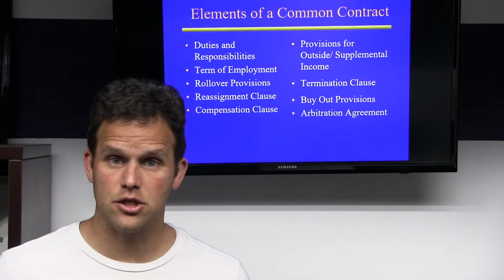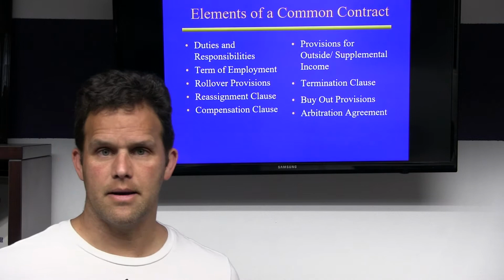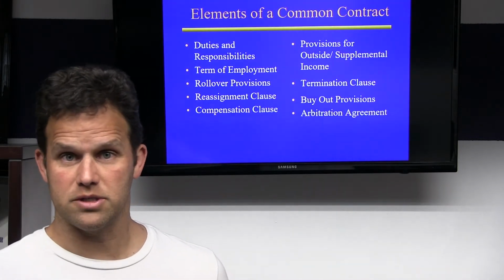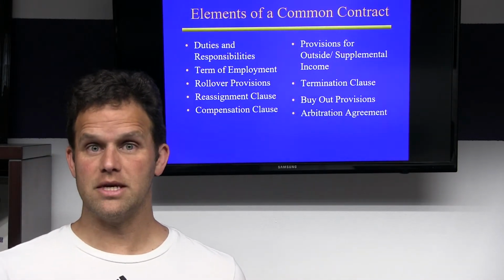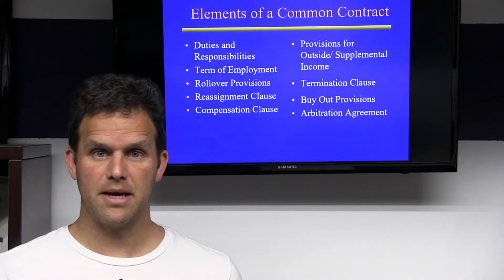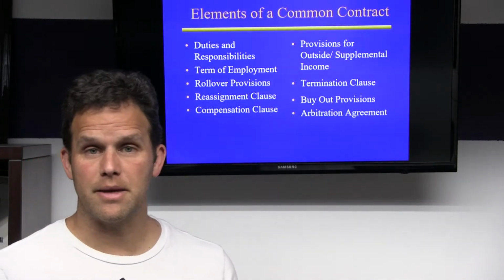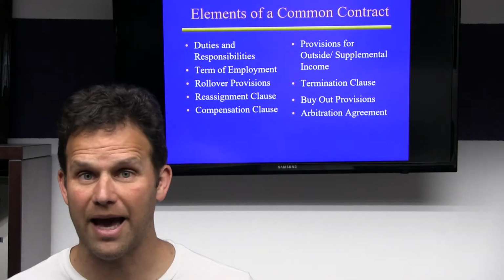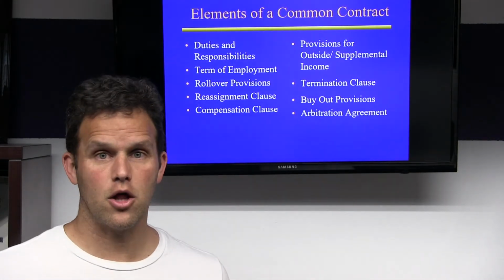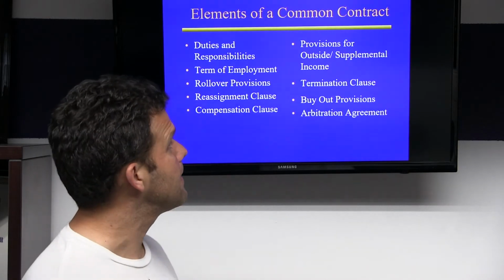There are compensation clauses oftentimes that may be graduated or different depending on certain degrees or expertise learned. You might jump to another category. Provisions for outside or supplemental income: some companies won't let you work outside your company. They want all of your devotion towards the company.